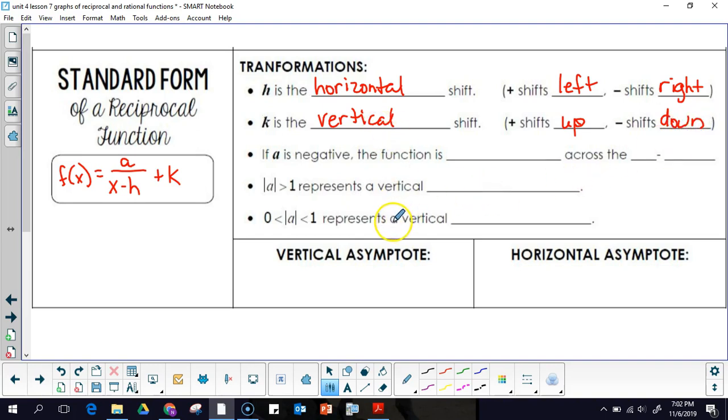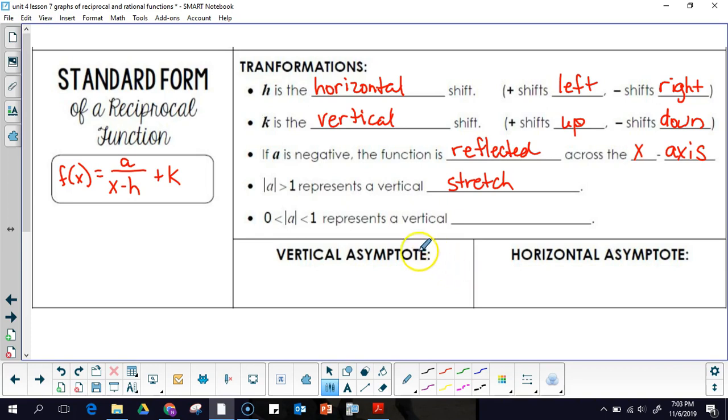If a is negative, the function is reflected across the x-axis. Maybe we'll look at some examples. If the absolute value of a is greater than 1, it represents a vertical stretch. You remember we've talked about this before, especially with the absolute value functions.